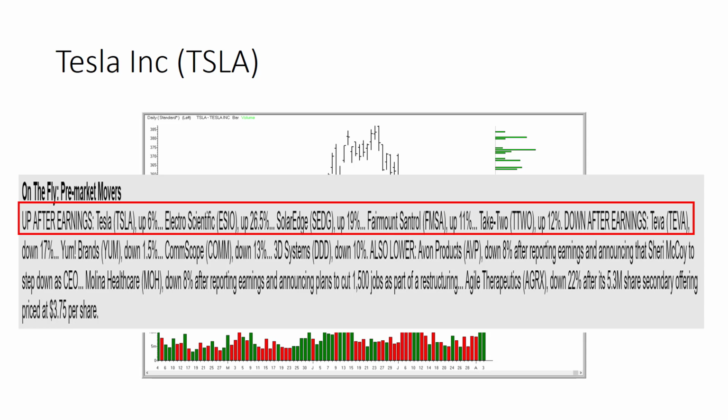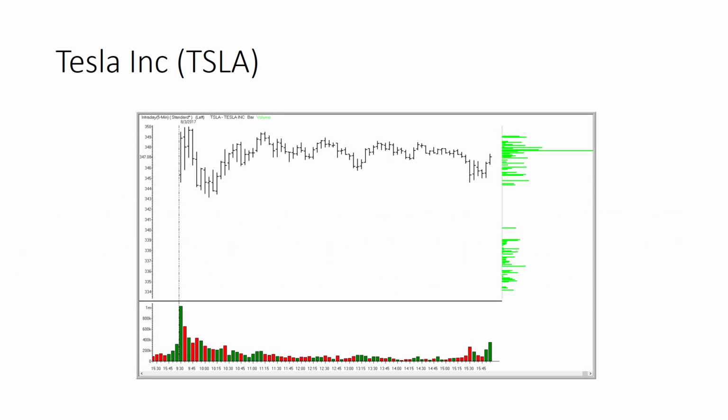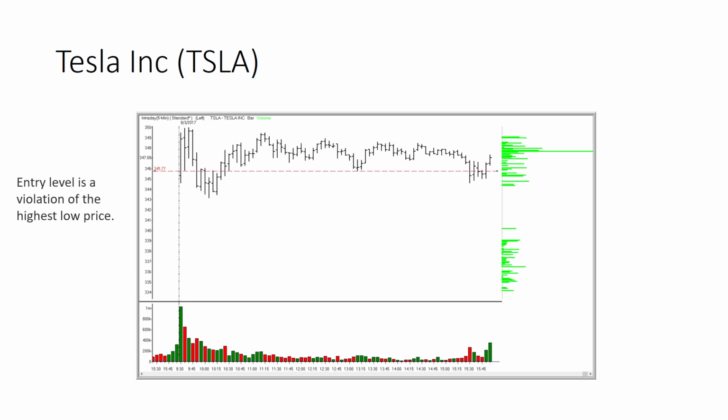If the $350 price tag is the concern, then my suggestion is just drop the share size. Drop the share size way down so that this represents the same profit potential and the same stop out potential as any other stock that I would be trading on any other day.